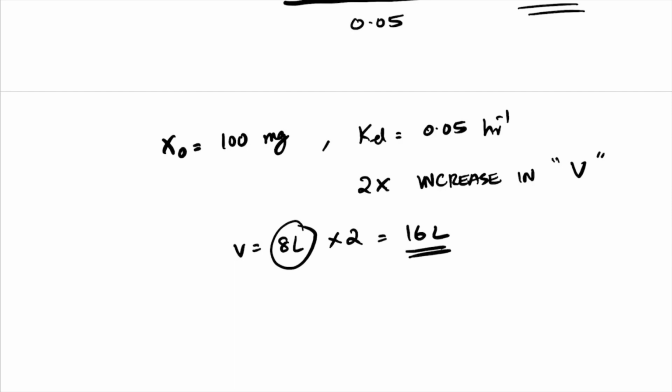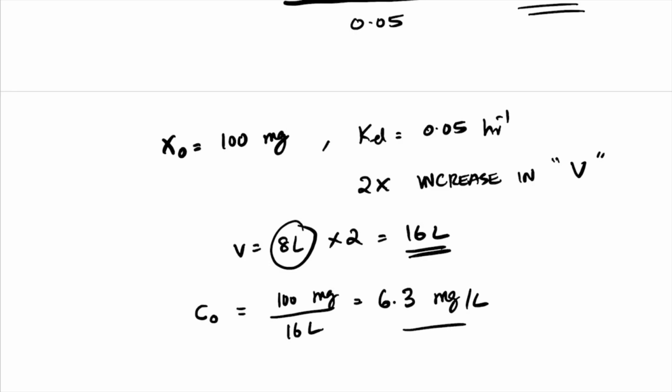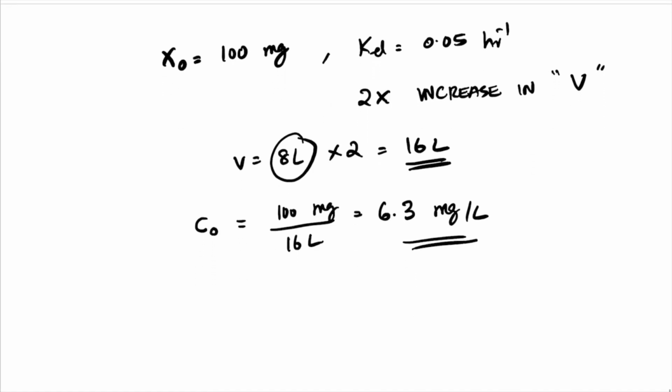So now the volume of distribution has changed, and because of that, it is going to impact your peak. C0 is equal to 100 milligrams divided by 16 liters, which, rounded to 1 decimal place, is 6.3 milligrams per liter. So now let's calculate the duration.